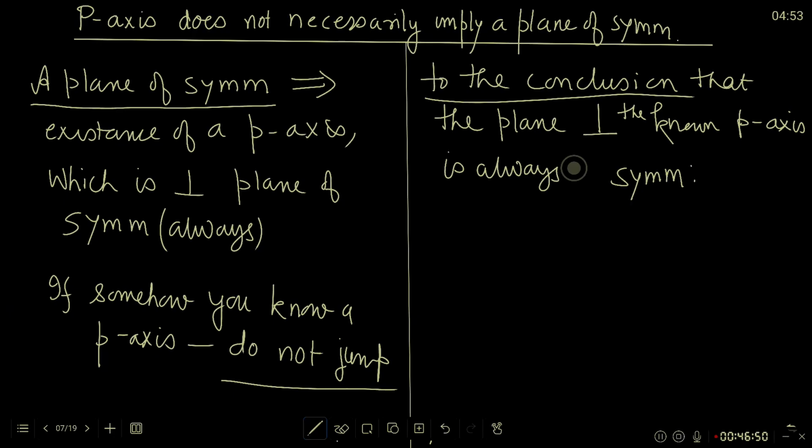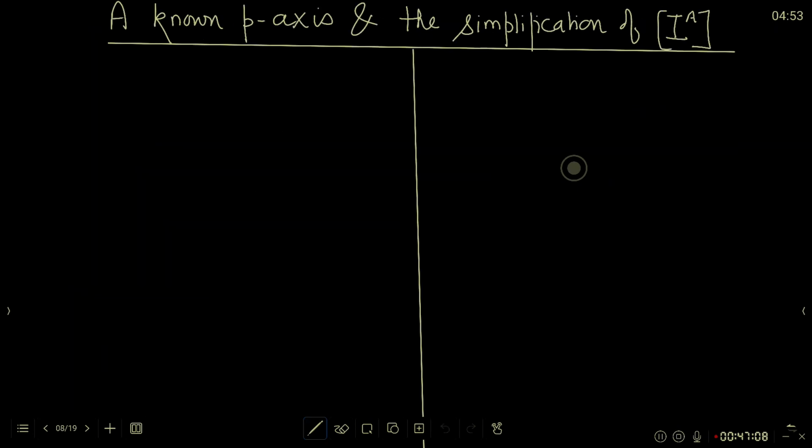Okay. I'll take a couple of minutes and then we will have a break. Earlier I have already shown you that if I know all three p-axes, mutually perpendicular, and if I name them as x1, e1, x2, e2, x3, e3, what happened to the inertia matrix?